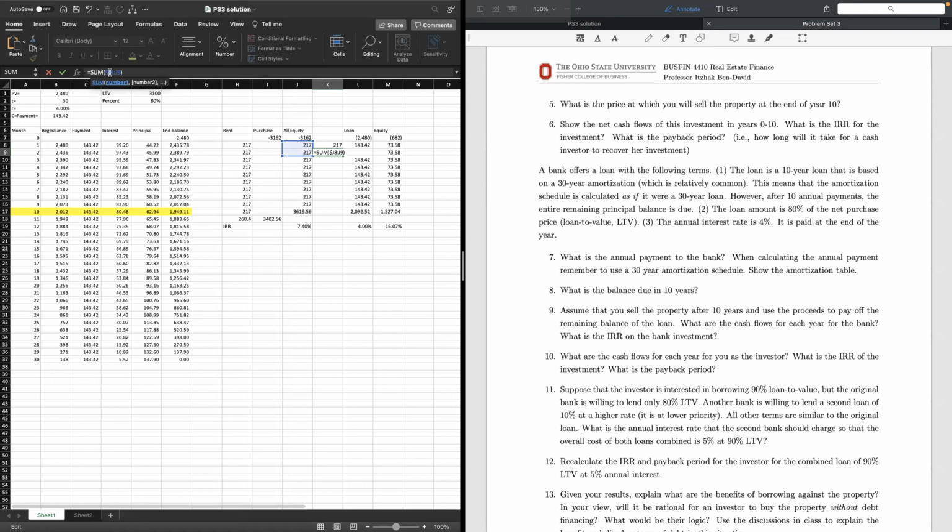I'm looking for the number that is bigger than the purchase price for the first time.